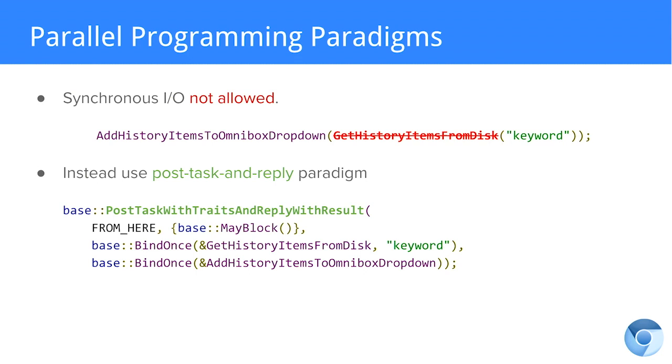So instead, you would do something like base PostTaskAndReplyWithResult. You provide some traits. I won't go into details on task traits, but you can read the documentation. And then in this case, you say I want to run a task that is allowed to block, perform file I/O. This task is going to get history items from disk, and the result is going to be returned to the AddHistoryItemsToOmniboxDropdown method. So then you avoid blocking.